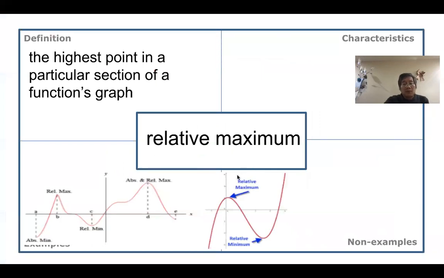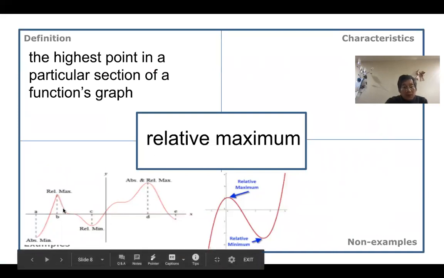Before we do it, just remember what's the relative maximum? It's the highest point in a particular section of a function's graph. So for example, this has a weird graph, with so many turning points. Then this is a relative maximum, this is a relative minimum, this is a relative maximum, right?